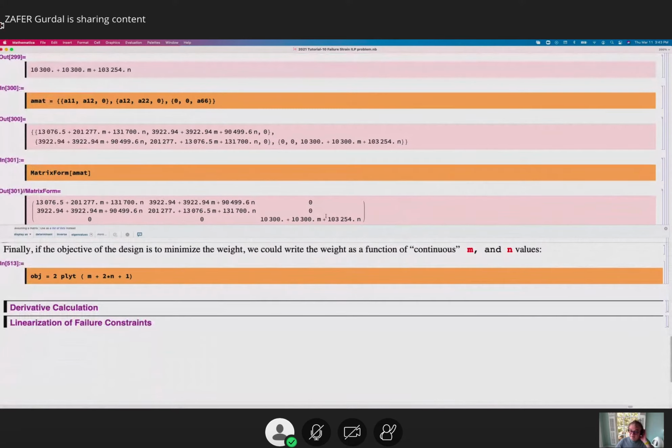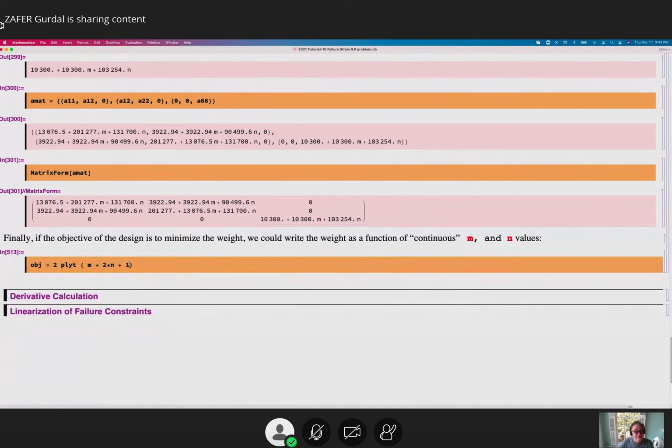And finally, we'll be needing an objective function. And that is in terms of total number of plies. I don't have a 0 for the number of the 90-degree plies, counting that, so I put 1 in there. But m times 2 times ply is the total thickness of all 0-degree plies throughout the laminate. 2 times n times 2 times ply is total number of 45s.